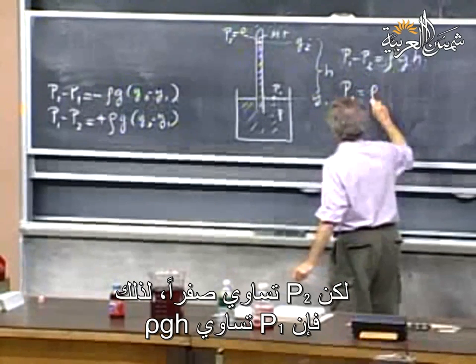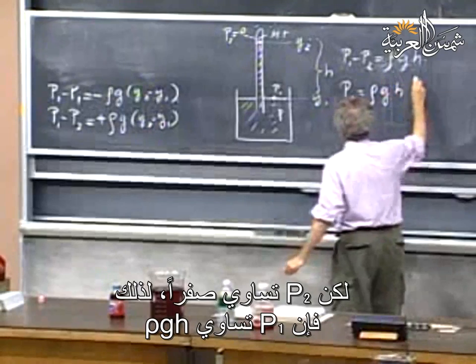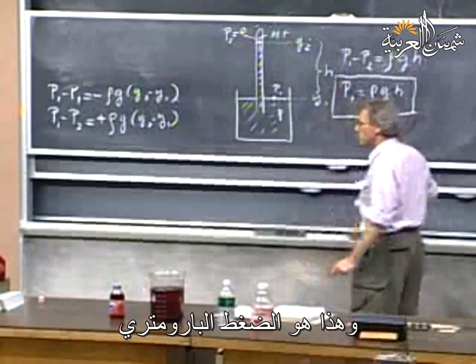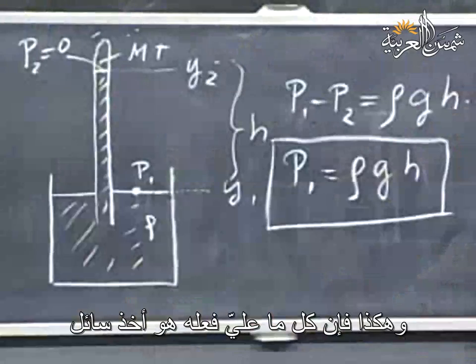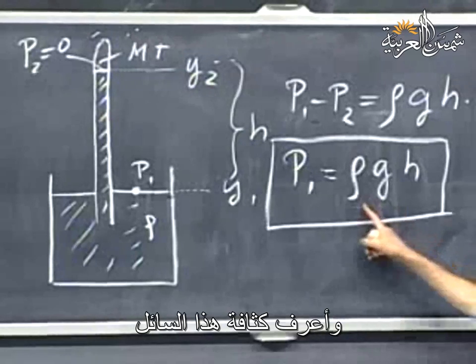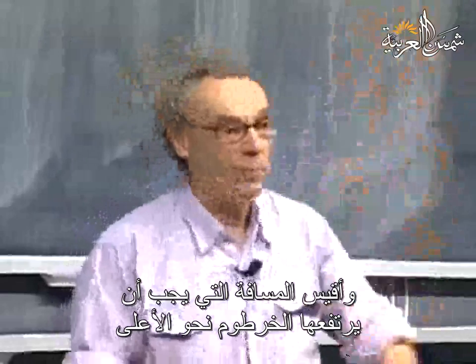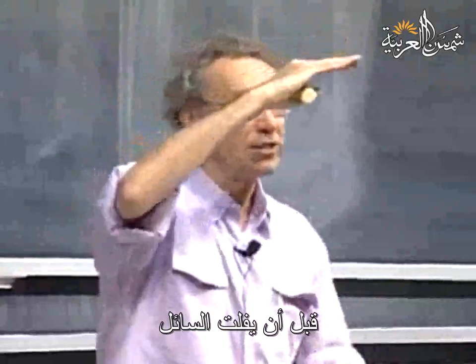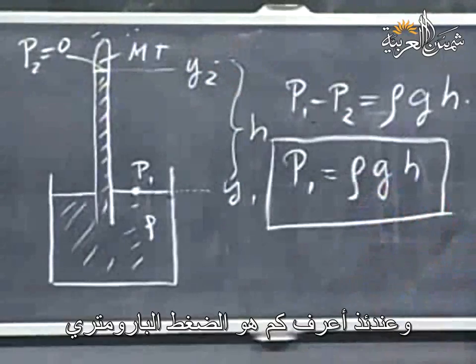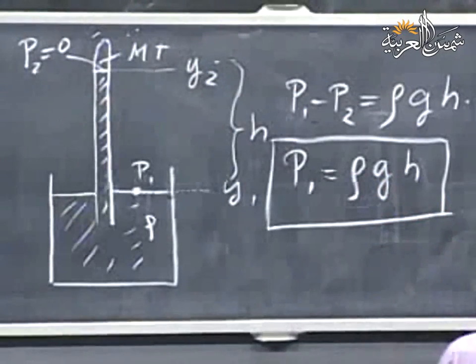So P1 equals rho GH. And that is the barometric pressure. So all I have to do is take a liquid, know the density of the liquid, measure how far I have to pull that hose up before the liquid breaks loose, and then I know what the barometric pressure is.